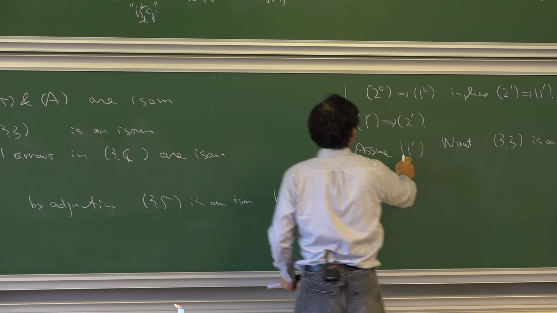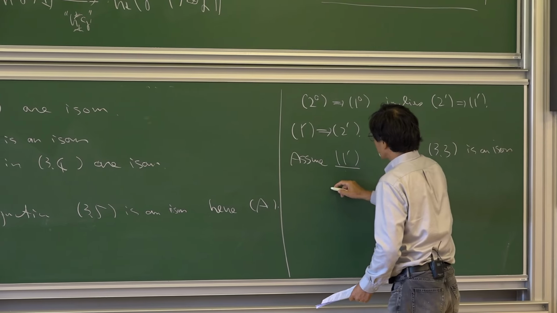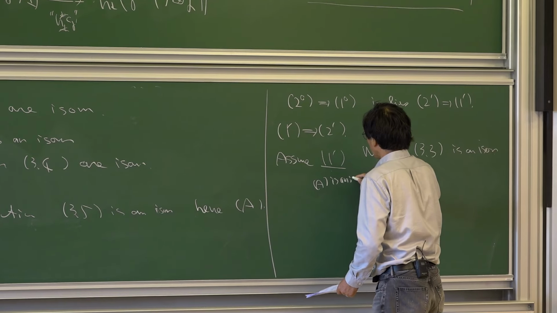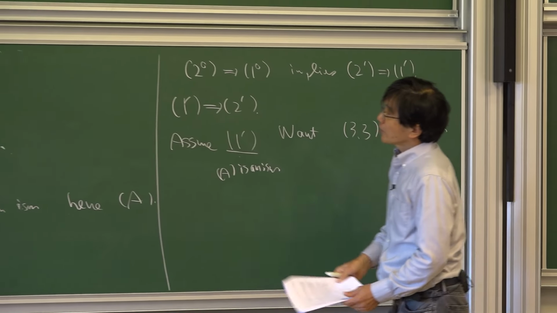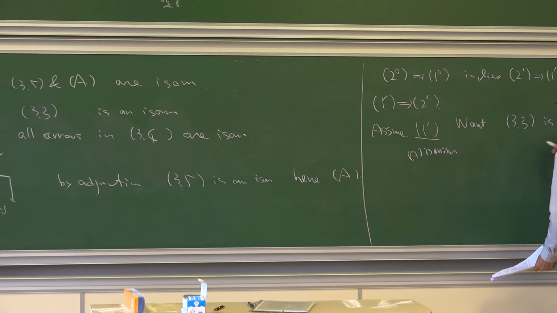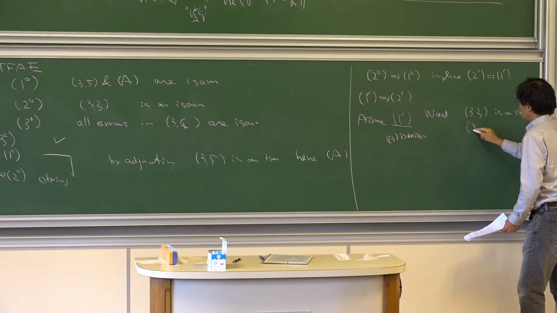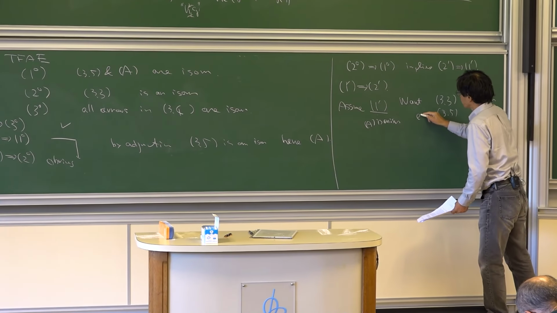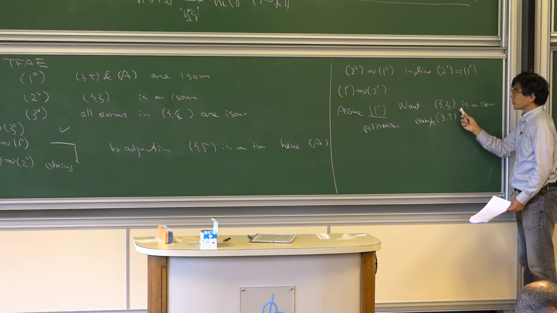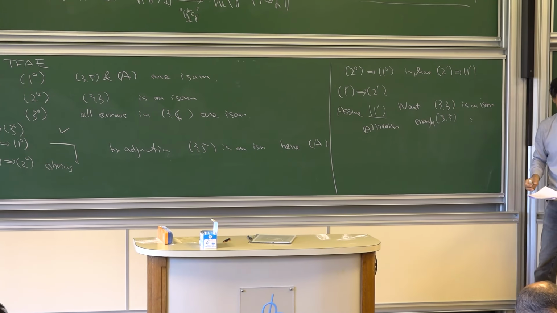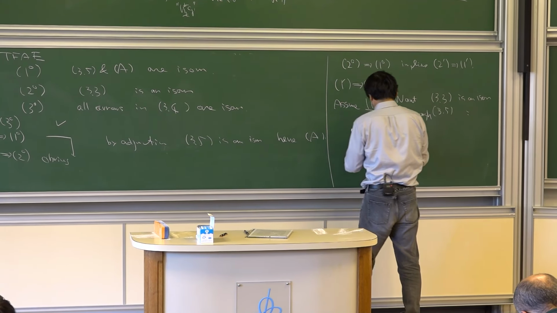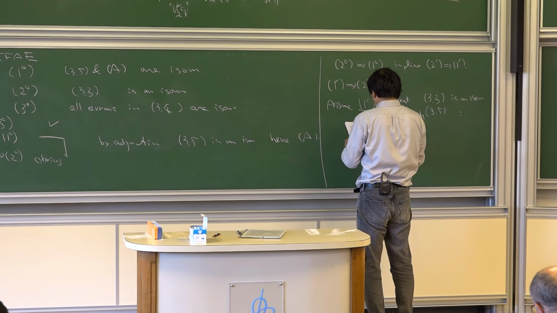So assuming 1 prime, this means that A is an isomorphism. And we already have this equivalence. So to prove 3.3, it's enough to show 3.5. Okay.